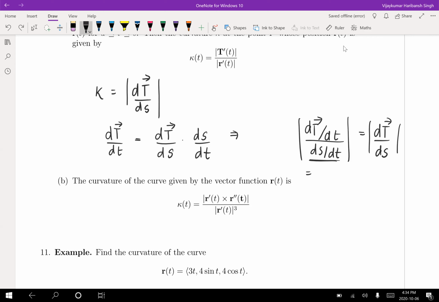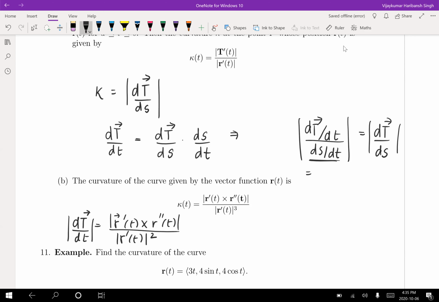So here the key is you need to show that the derivative of your tangent vector with respect to t is r prime t cross r double prime t divided by, if you take the length of this, r prime t squared.